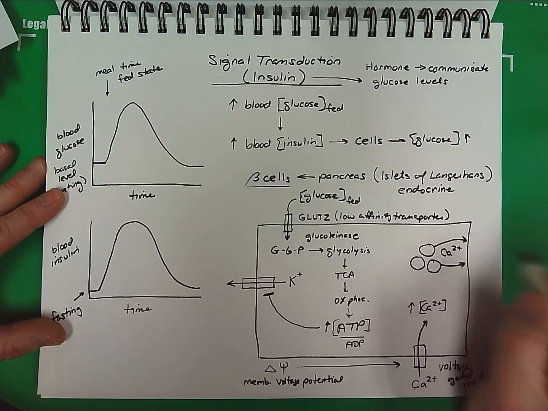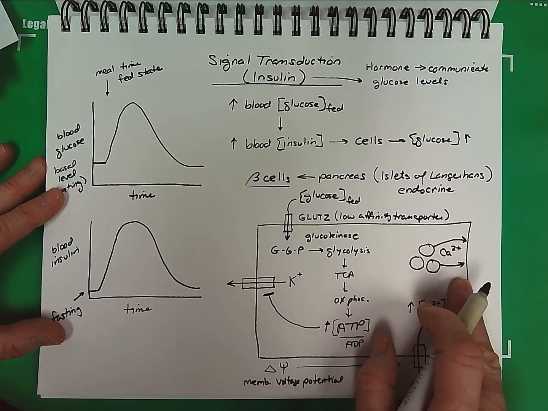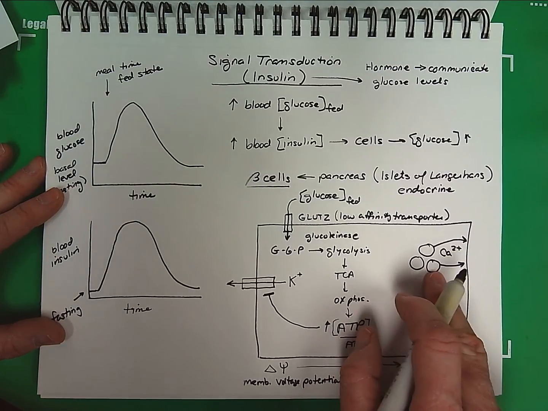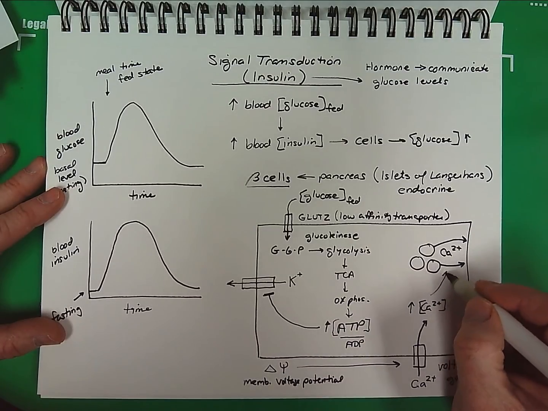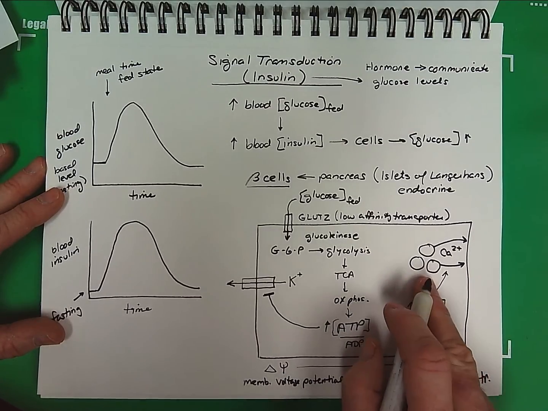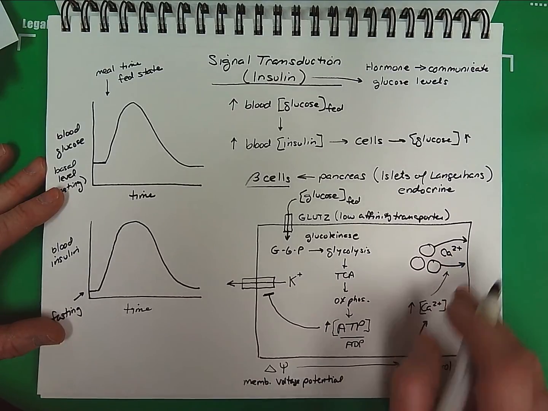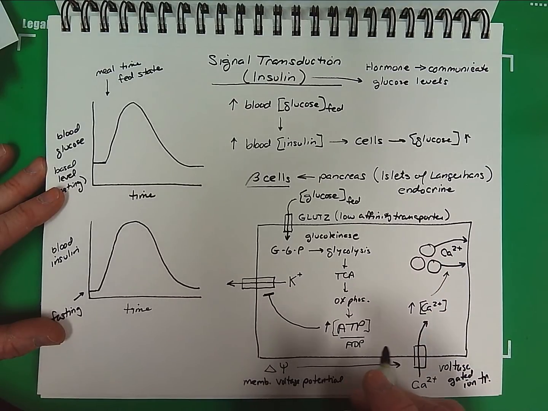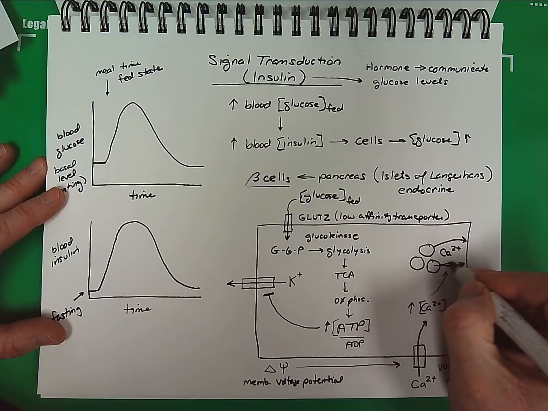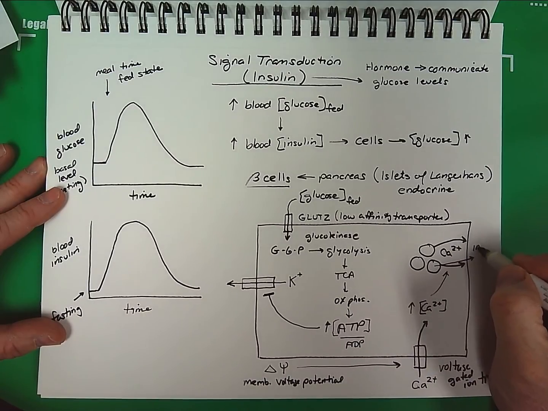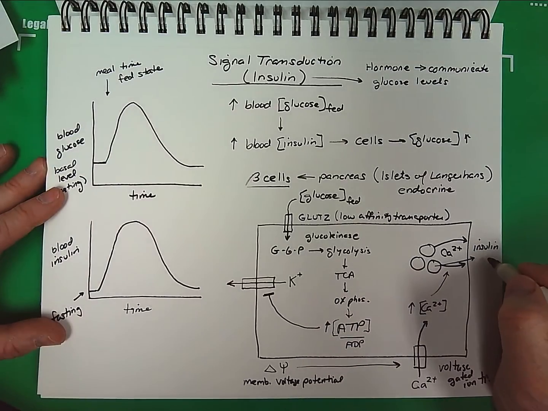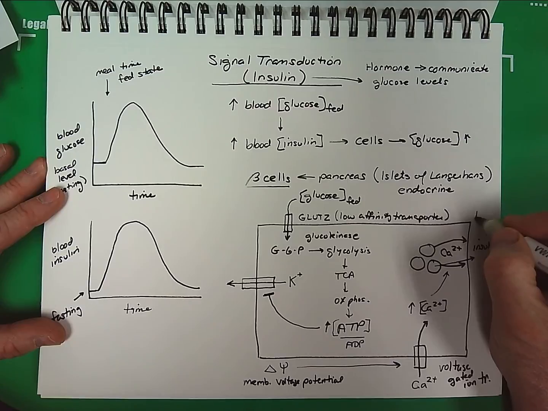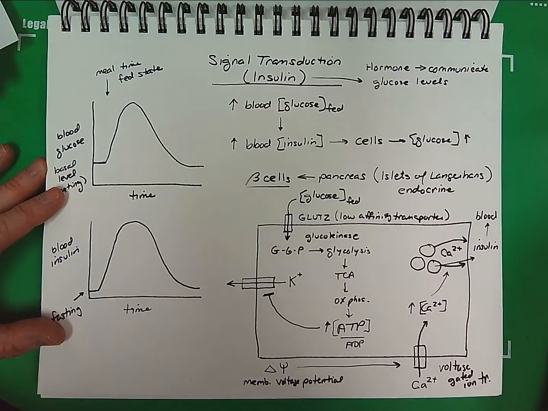Because this process of vesicular fusion with the plasma membrane, the fusing of these membranes, is calcium dependent. So as our calcium concentration rises, the fusion of vesicles with the plasma membrane increases. And in doing so, now these vesicles will secrete their cargo into the bloodstream. And the cargo happens to be insulin.